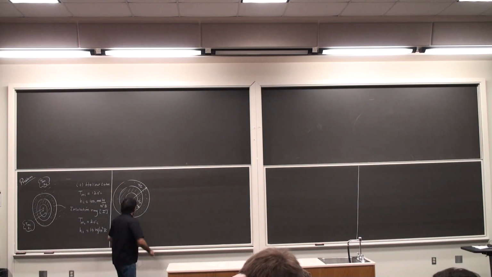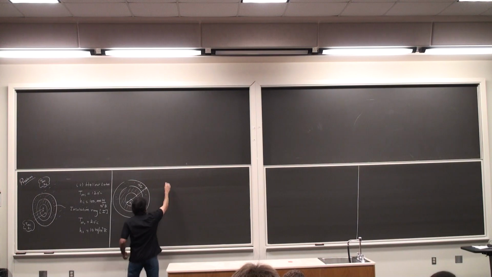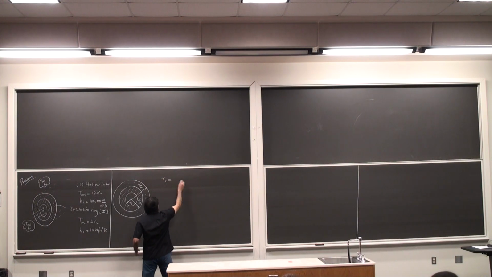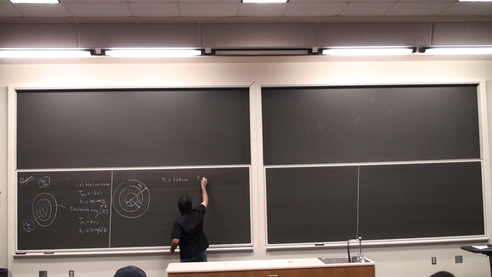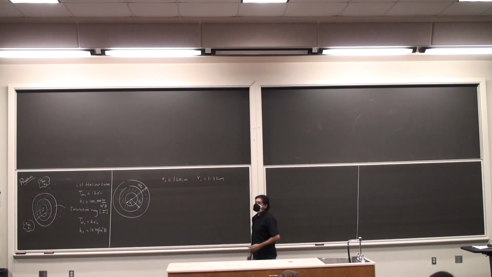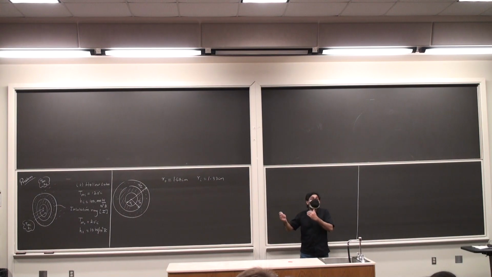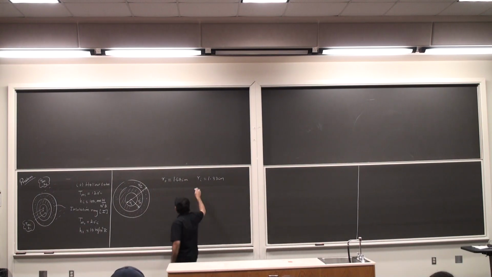Okay? So the details are R naught is 1.67 centimeters. Ri is 1.33 centimeters, and I'm given a range of radii for the insulation ring.